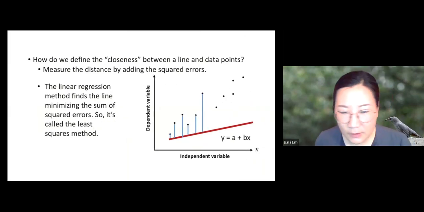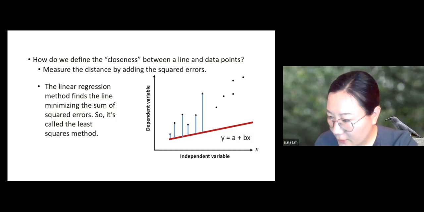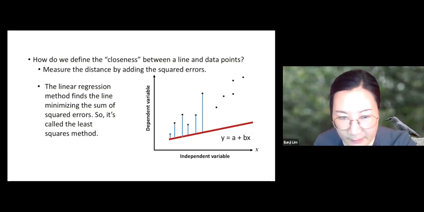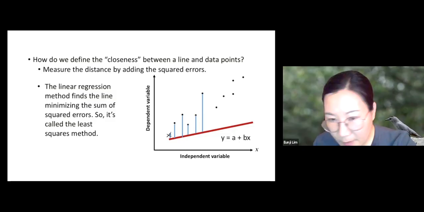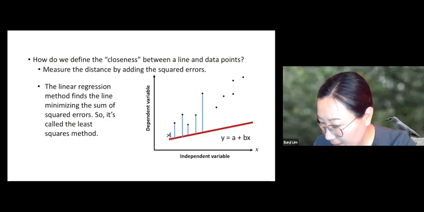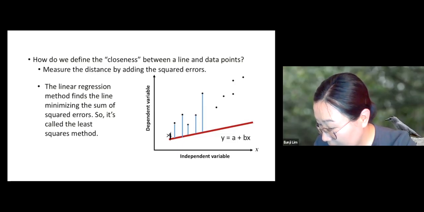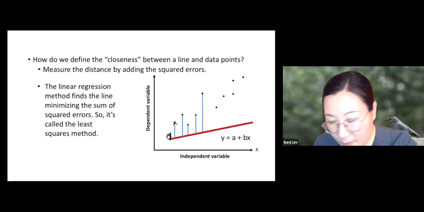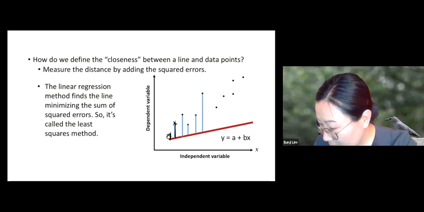So here's how we measure the closeness between a line and data points. We're gonna start from the first data point, and then we're gonna measure the distance between this point and the line, which is the length of this line segment. And then we're gonna square it. And then we're gonna go to the second data point, measure the distance between the second data point and the line, and square it.